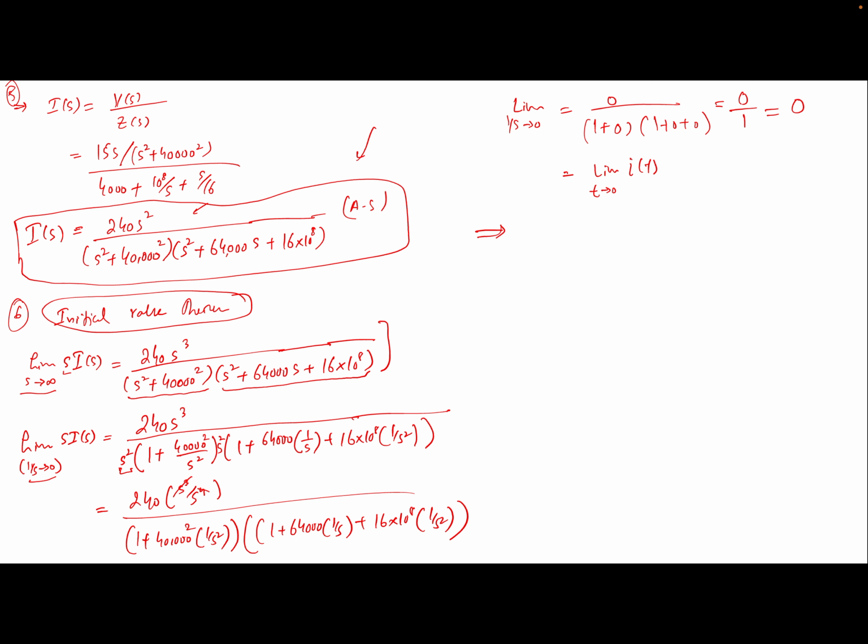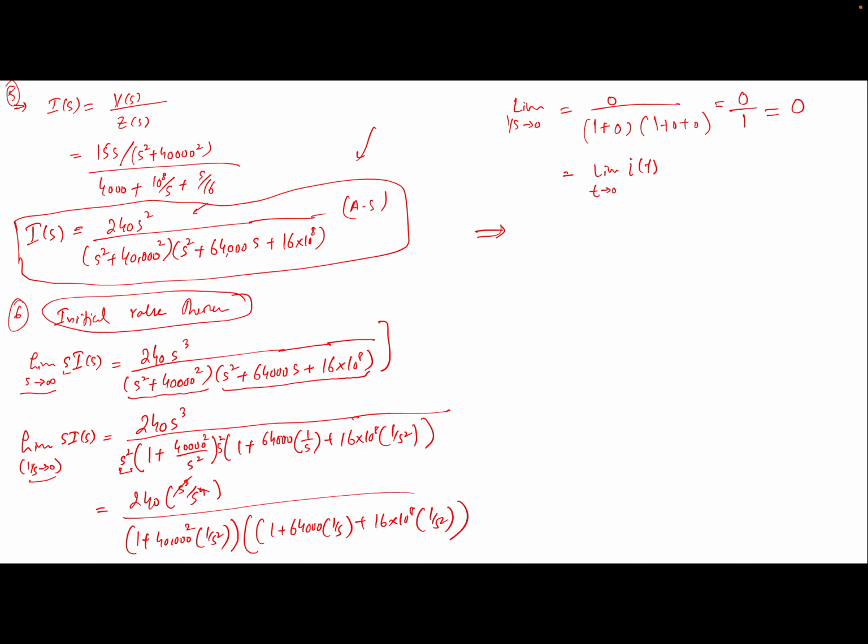For the final value theorem, we assumed that our poles should exist on the left hand side of the plane and not on the right hand side, because if they existed on the right side, my solution will not settle down, and I wanted it to settle down at t equals infinity.